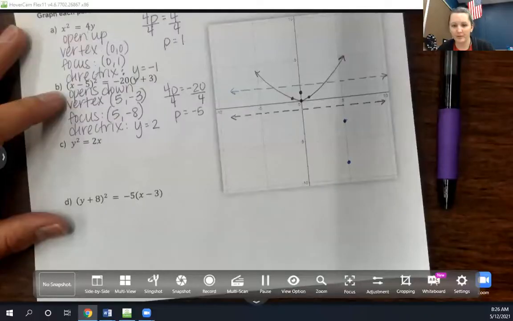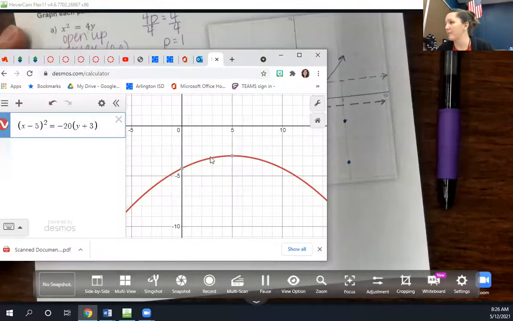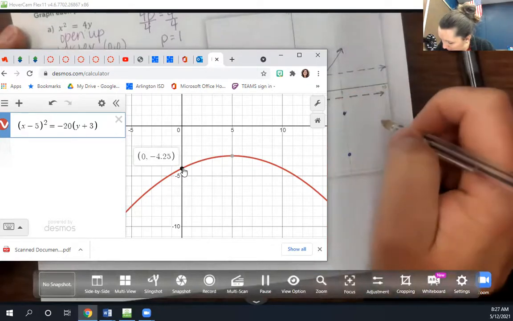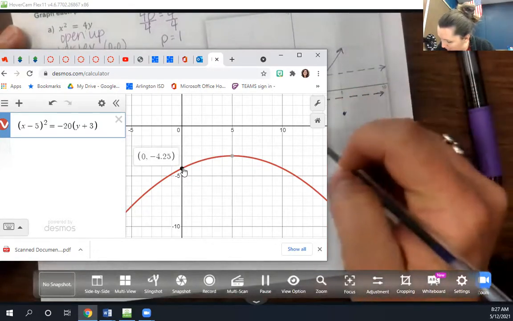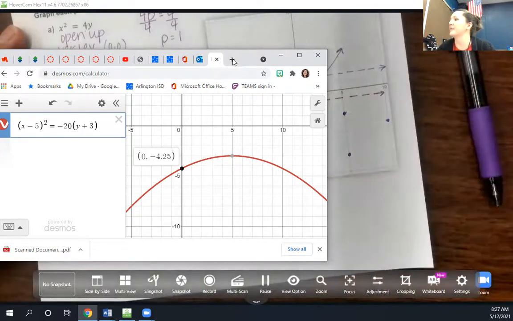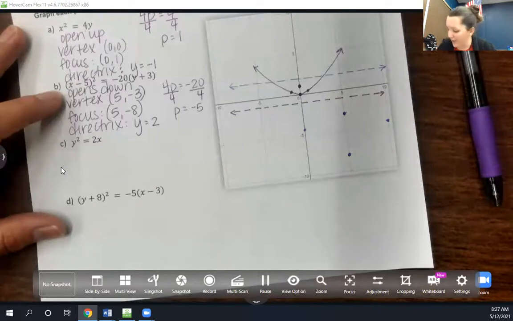Looking at some points on my Desmos, I pulled it up just so I could get some other points. 0, negative 4.25. And then same thing over here, negative 4.25. That kind of tells us how wide our graph is.